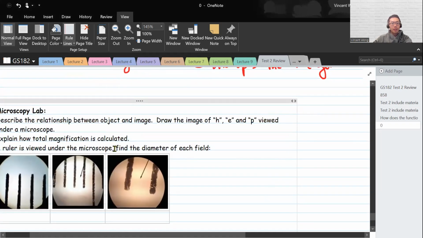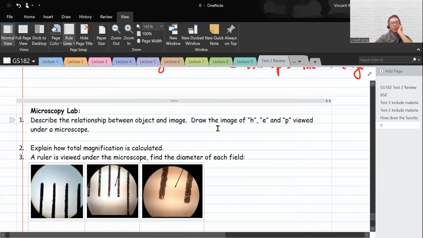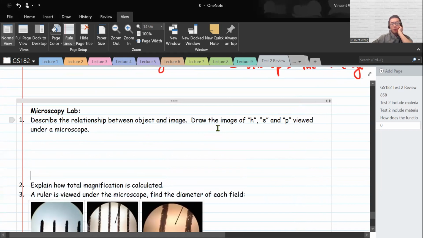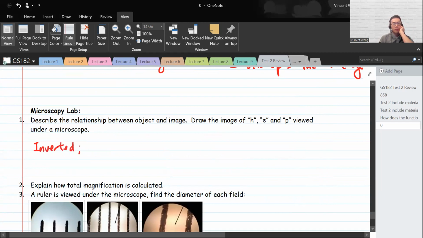Here we go. Describe the relationship between object and image, right? You should know that by now. It is inverted, which is upside down and backwards. So what would the H look like when it's under the microscope?